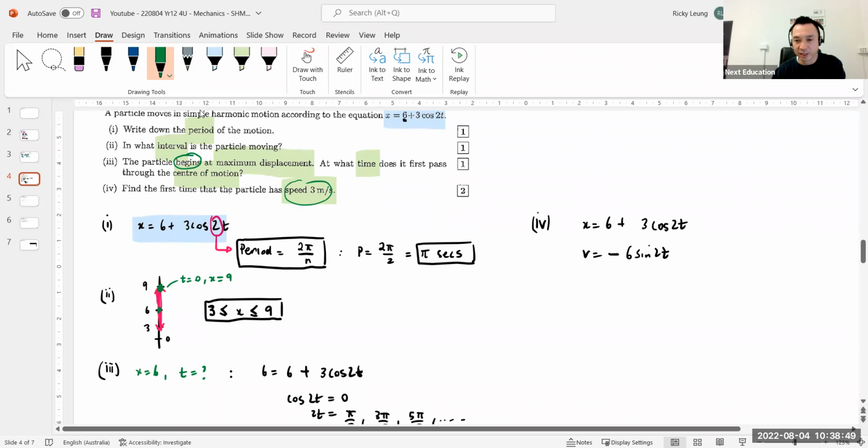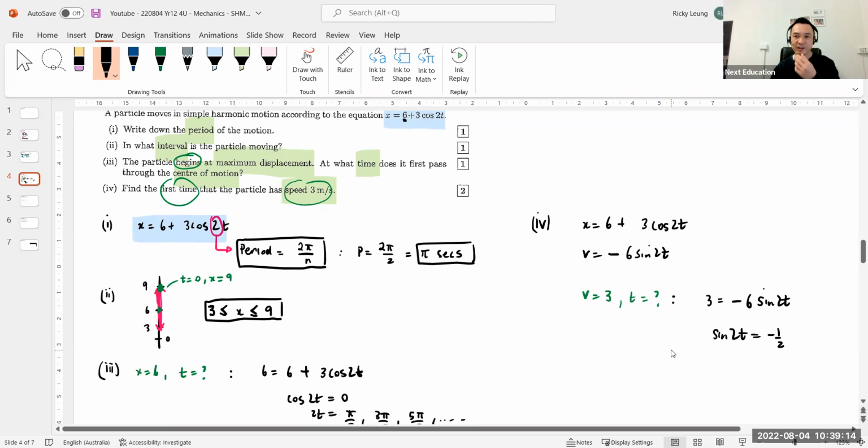It says when the speed, or velocity in this case, is 3, find the first time. So I'm finding t equals question mark. When that's 3, negative 6 sin 2t equals 3, so sin 2t equals negative a half.